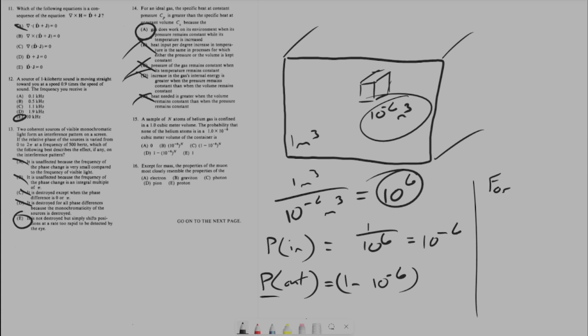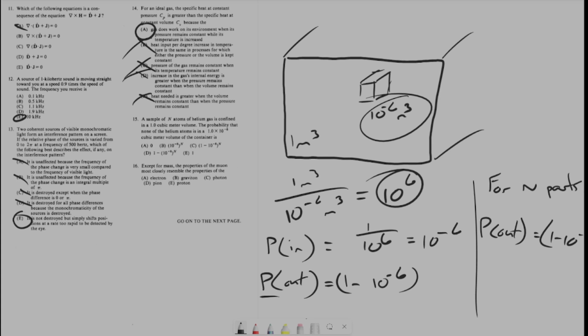Now for N particles, it's not complicated, but, oh no, I'm out of room. Let me write smaller. So I would have P out equals 1 minus 10 to the minus 6, to the N. So that would be for every single particle. And if we look, there's our answer.